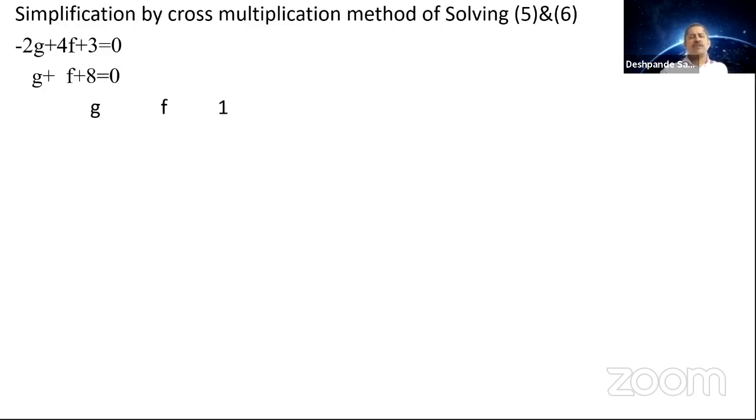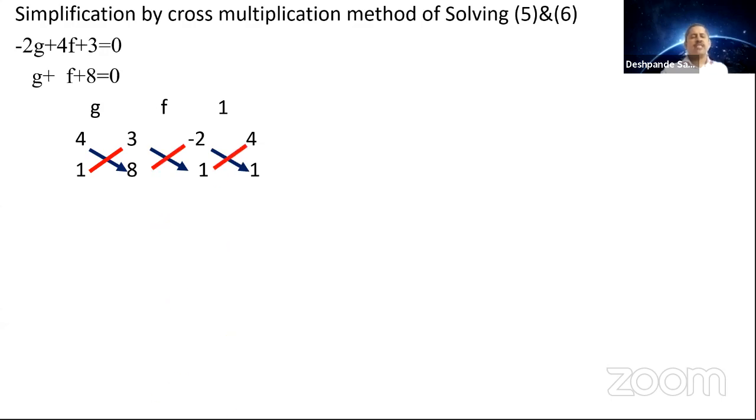Next, coefficient of f, constant, coefficient of g, and f coefficient. So 4, 3, minus 2, and 4. Likewise, 1, 8, 1, 1. Then use the cross multiplication technique. So 4 into 8, 3 into 1, minus 2 into 1. Likewise, 1 into 3, 8 into minus 2, and 1 into 4 with a negative sign.